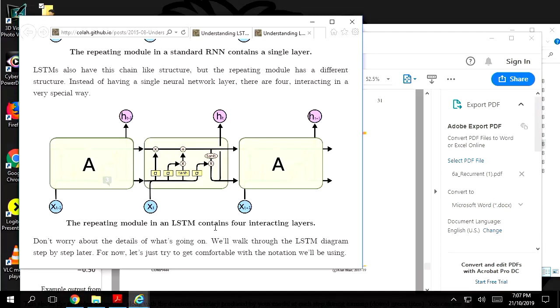The idea is that these gating networks should try to figure out which parts of the context carry important information and which ones don't. So you can learn to remember those units which are carrying vital information and replace the others.